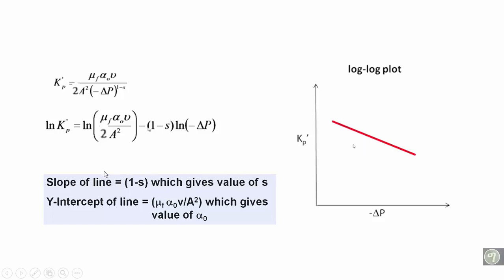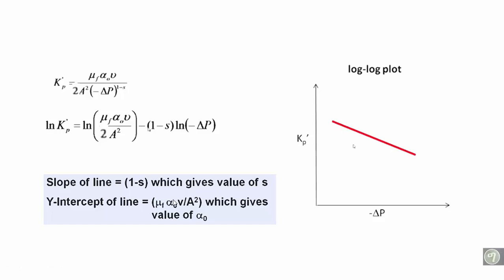From the slope of the line, which is 1 minus s, you will find the value of s, or the compressibility coefficient. And from the y-intercept, you will find alpha naught, the initial cake resistance.